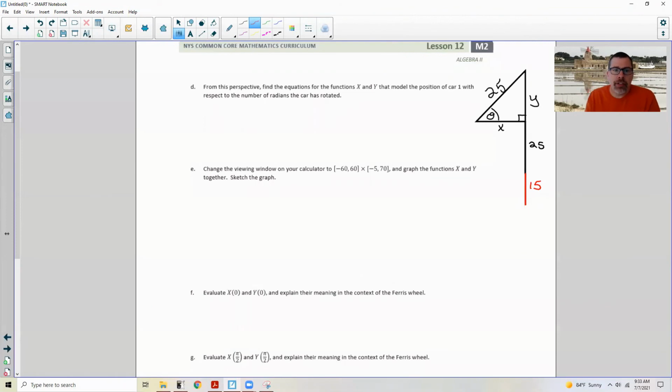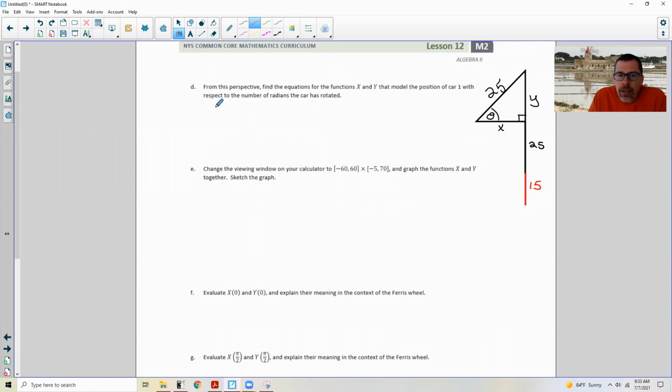Okay, page 5, part D, continuing on this, it says, from this perspective, find the equations for the functions x and y that model the position of car 1 with respect to the number of radians the car has rotated. So the cosine has not changed. The co-height has not changed.